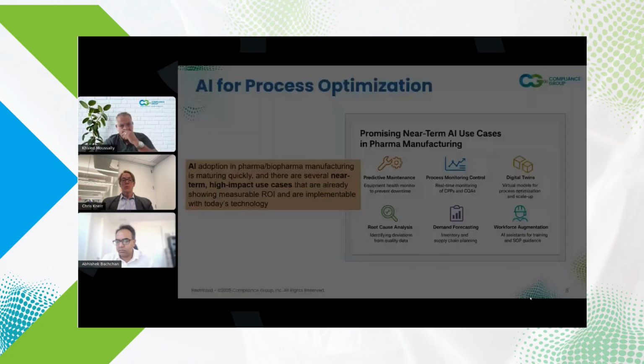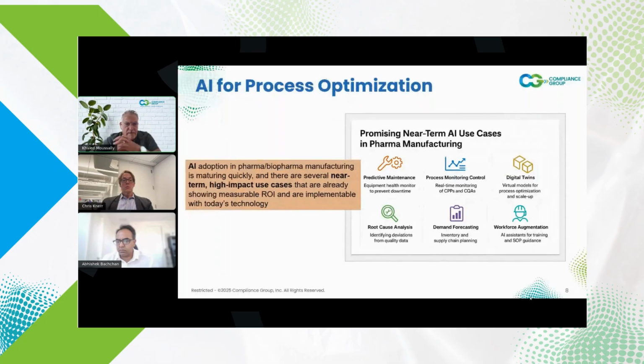Yes. Okay. So again, this is a view of process optimization, from predictive maintenance to process monitoring and control. Digital twin is definitely growing, from virtual models to root cause analysis, demand forecasting, and workforce augmentation.